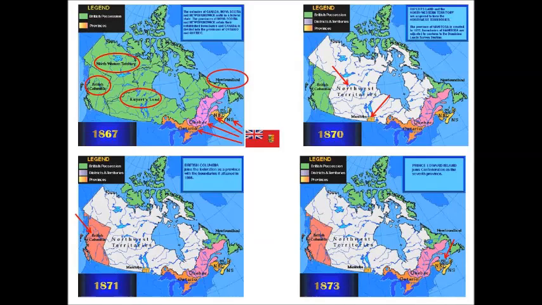And when they joined Confederation, they too, as we'll see, had a system of denominational education. So that's why when they entered Confederation in 1870, they began with a denominational education system. And then in 1871, British Columbia, Britain said, okay, now you guys can have this.